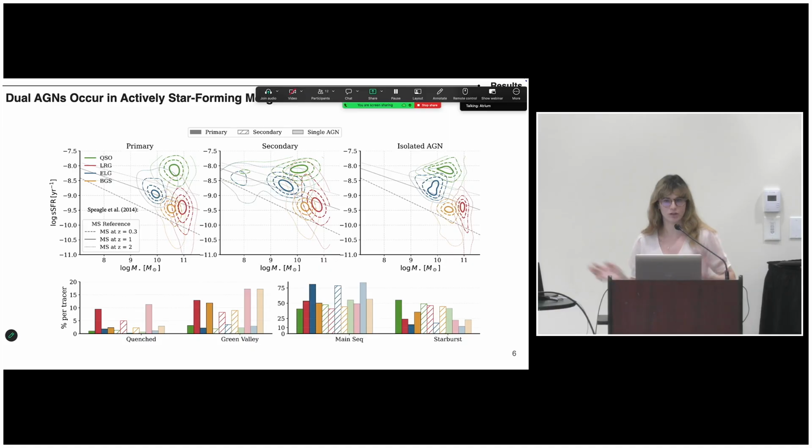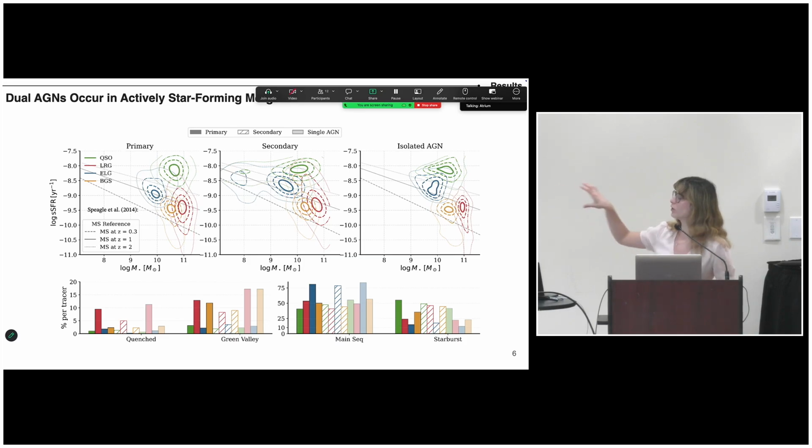So what do we see from here? The one thing that we obviously observe is that secondaries expand to the lower masses, below 10 to the 9 stellar masses, right? And isolated AGN in mass lie in between those two. The next thing that we see is that secondaries have a star formation rate enhancement compared to the isolated AGNs.